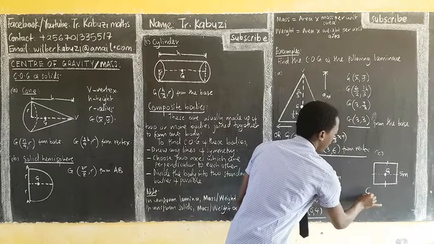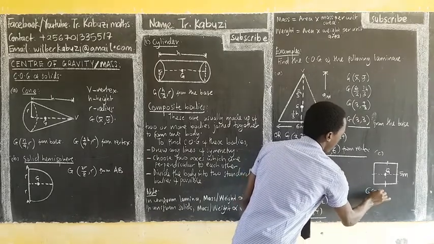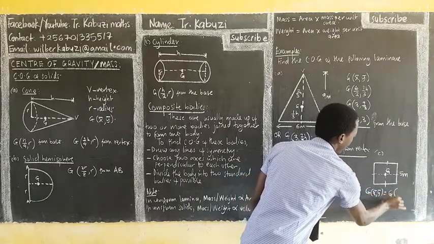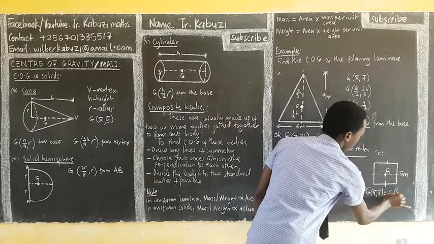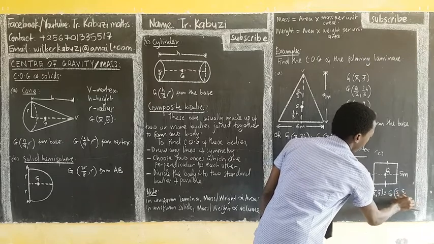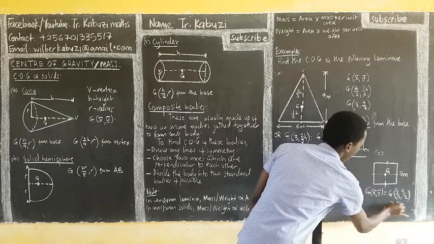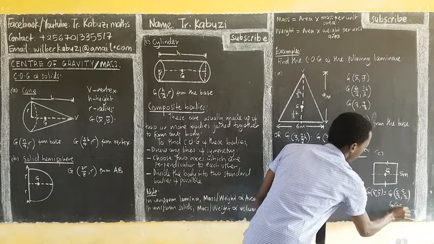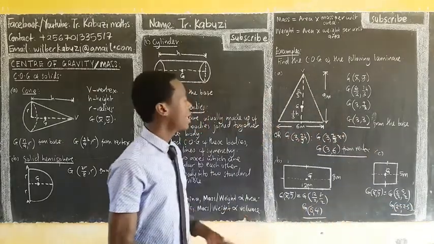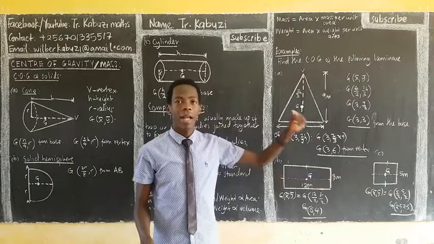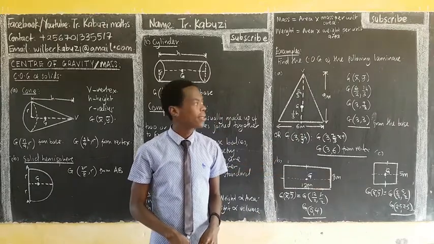So meaning my x bar, y bar is going to be the same, because the sides are the same. So 5 over 2, comma, 5 over 2. So my answer here is going to be 2.5, comma, 2.5. Now, these ideas are going to help us in the next lesson.